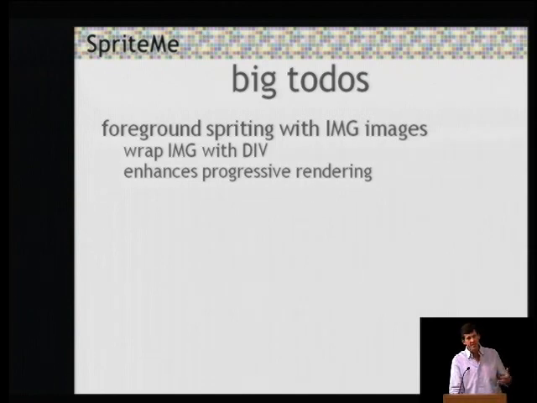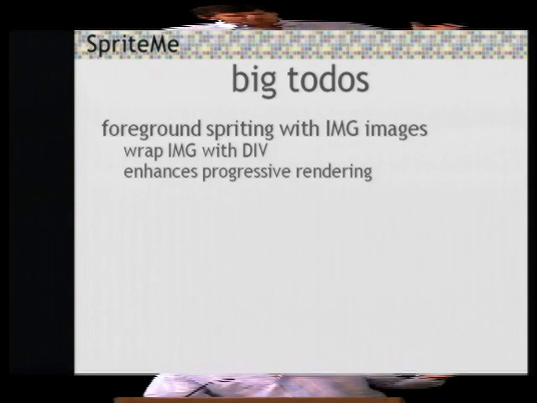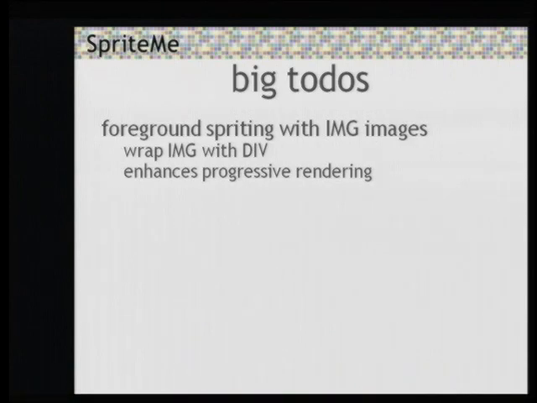So I'm going to try to investigate how to automate that and make it as easy as possible for developers to adopt this technique. It actually is a preferred technique over CSS background images, because CSS background images aren't displayed progressively. If you have a large background image, nothing is displayed until the whole thing is downloaded, whereas with IMG images in the page, browsers do draw progressively.